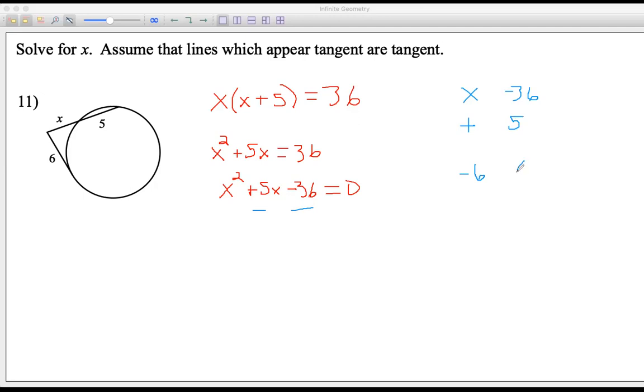That doesn't add up to positive 5. So it's not 6 and 6. We'll start with 1. What times 1 is negative 36? Well, that doesn't add up to 5. How about 2?